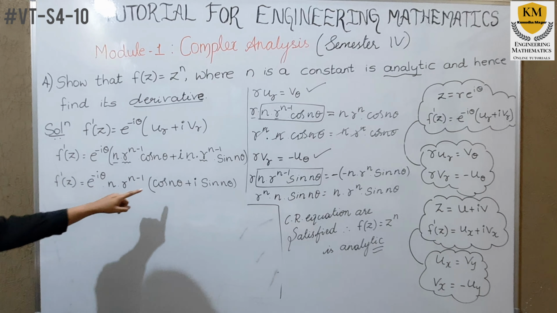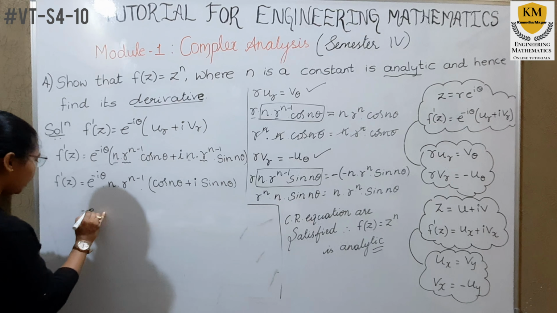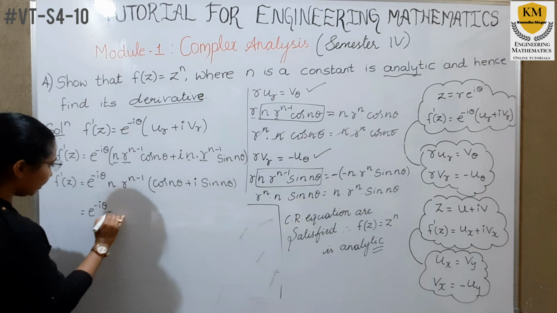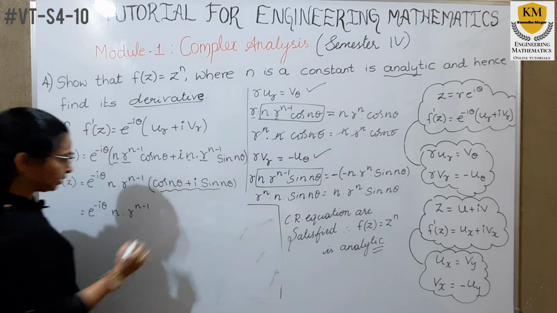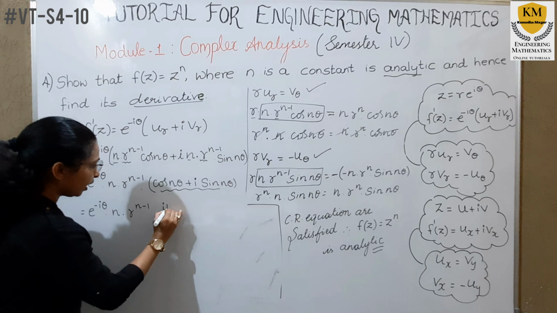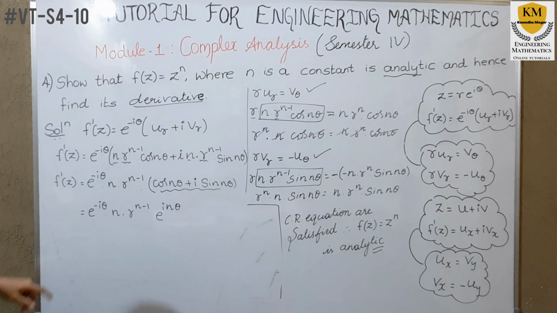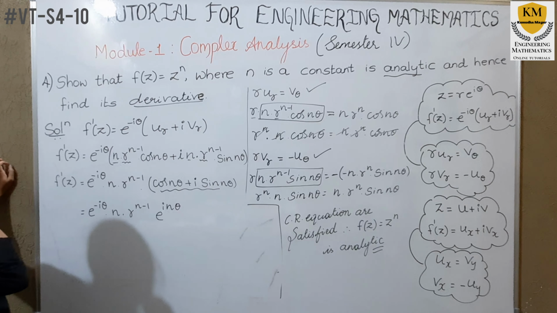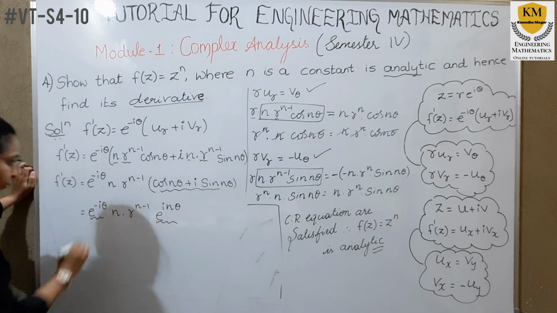You can observe over here, what is cos n theta plus i sin n theta? This I can write as e to the power i n theta, as we know that cos x plus i sin x can be written as e to the power of ix, isn't it? Now you can observe e to the power i n theta, e to the power of i theta.